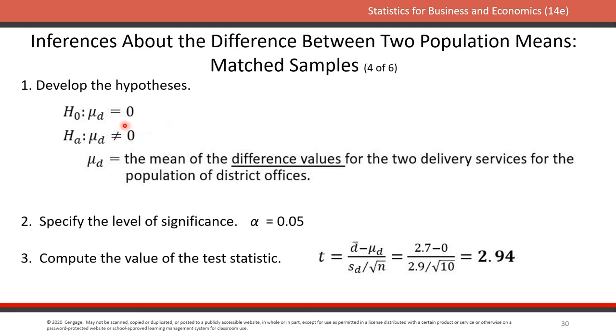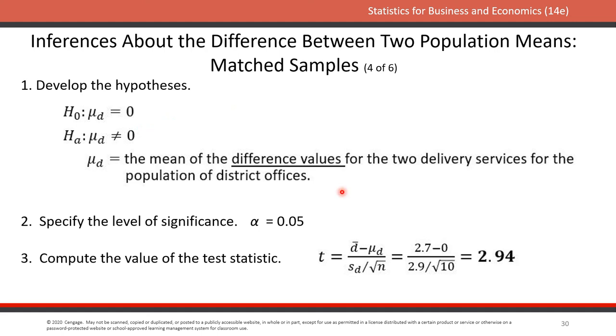So you want to be careful about the order of subtraction if you are using a one-tailed test. But with no difference, it doesn't really matter if it's a positive or negative difference. Both would indicate rejecting the null hypothesis in a non-directional case. So I don't really have to worry as much about the order of subtraction as long as I keep it constant.